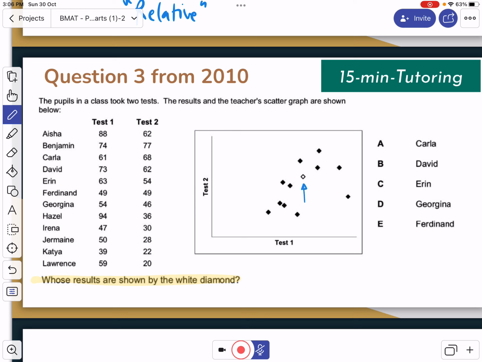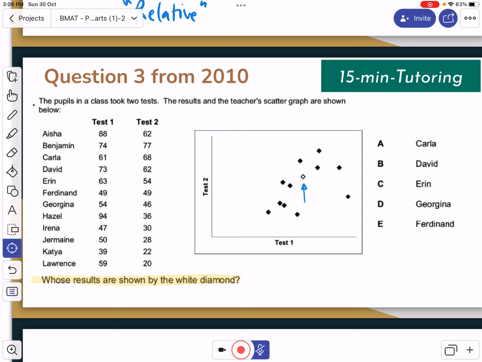Now, in this question, they give us a label for each axis. We know that the x-axis will be test 1, the y-axis will be test 2. But we do not know the scale. Again, if we do not know the scale, we use the relative approach. We look at the ranking or order.